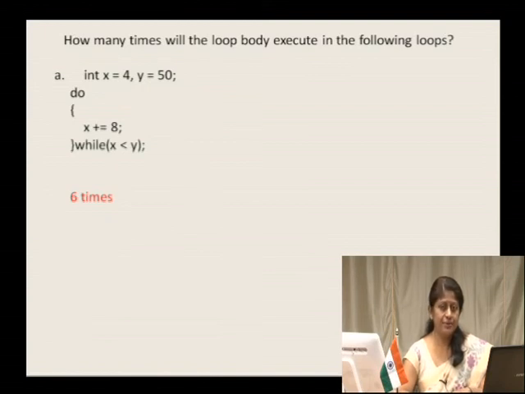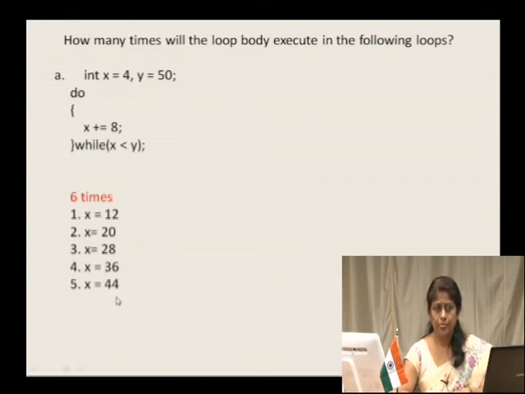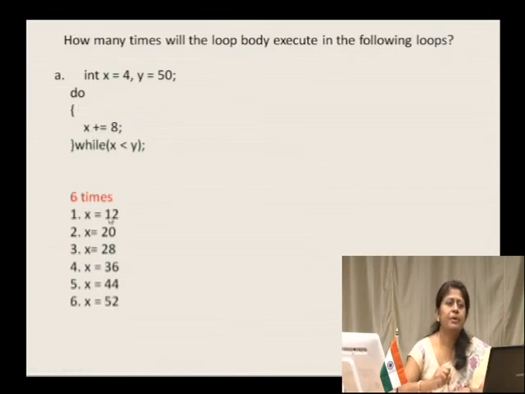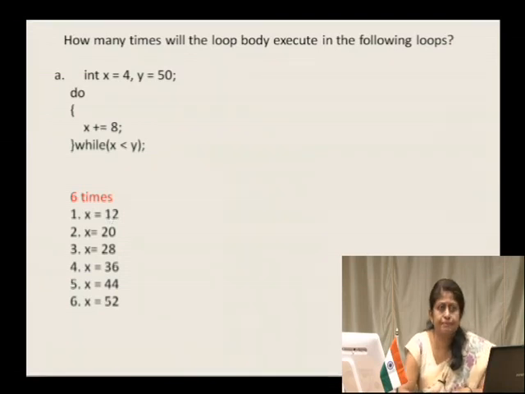The first time the value of x would be 12, that is 4 plus 8, and we check the condition: 12 less than 50, it is. So, it gets back to the loop body. That keeps happening until we come across x is equal to 44. As it is a do while loop, even if the condition has failed, the loop body has been executed. So, that is why it is going to be executed 6 times.